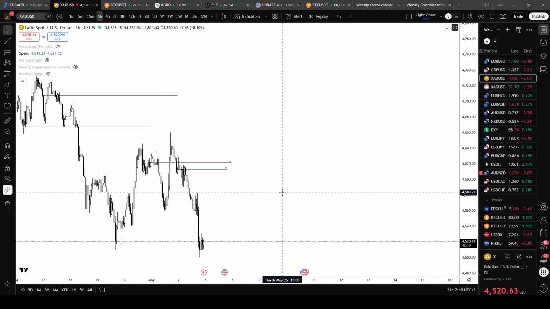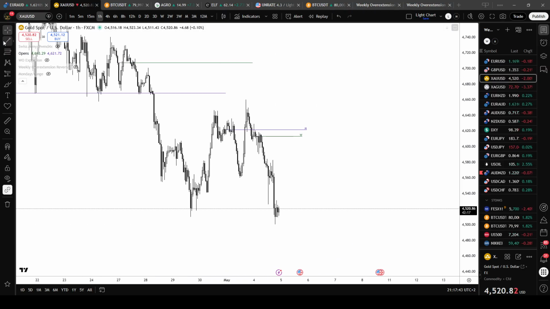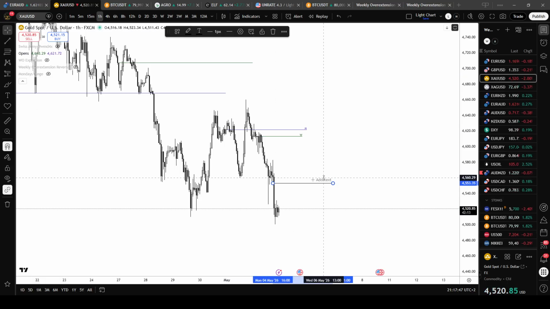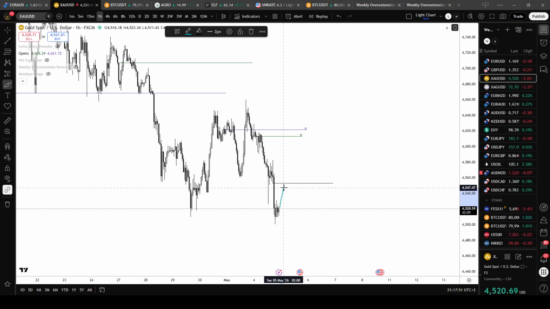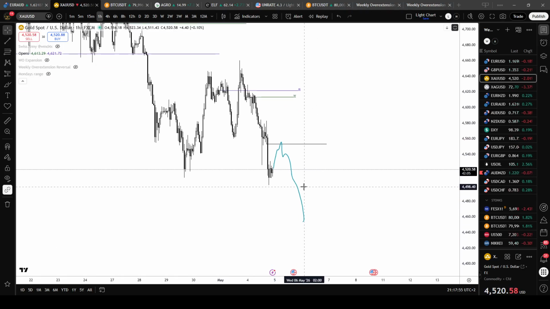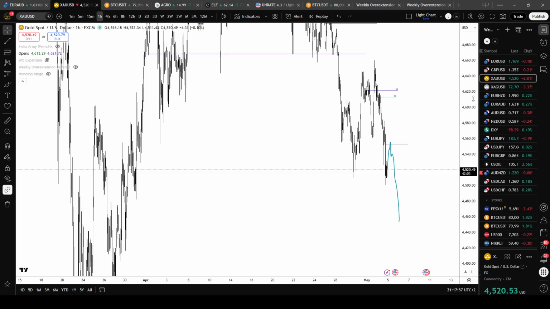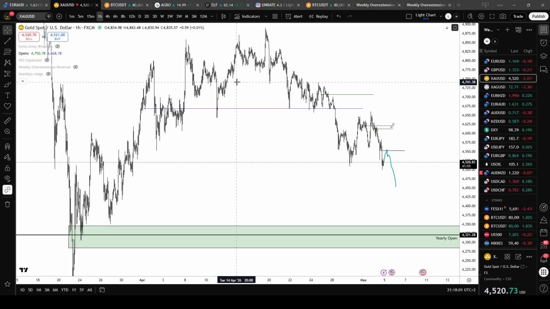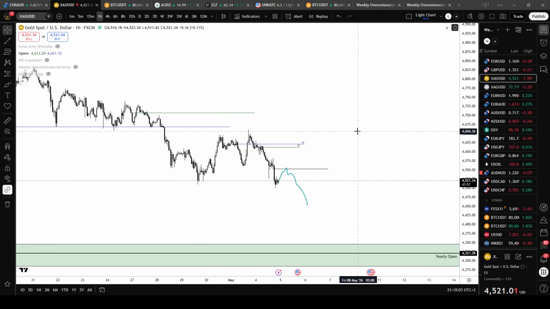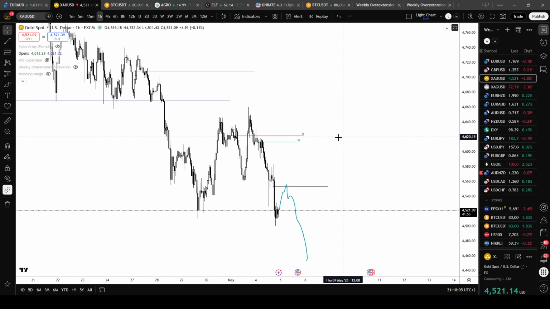As for the short side, I do think it's quite tempting to come in short here and trade this lower, but that's the thing with gold, it's not my main market, and I'd much rather play around the weekly and monthly opens.